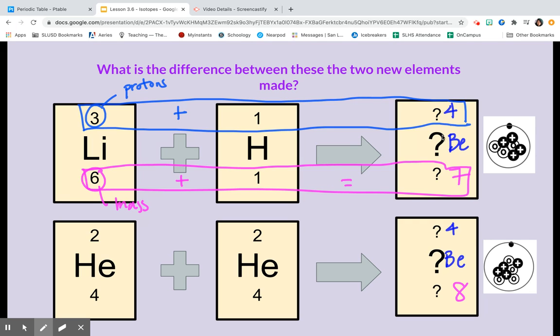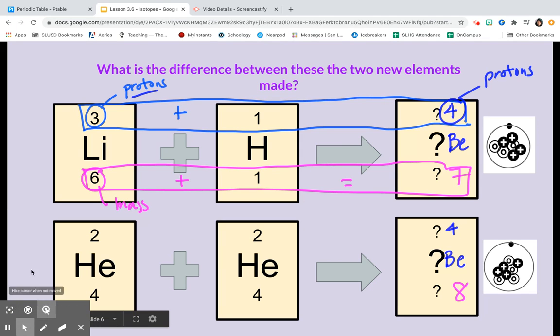Now, how did I figure out that this was Be? Well, once I figured out that my top number is my protons, remember the number of protons tells us what element it is. So if I know that I have 4 protons, I'm going to check my periodic table.